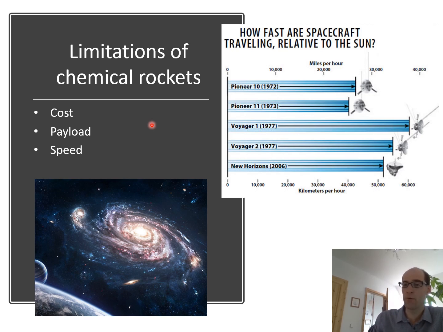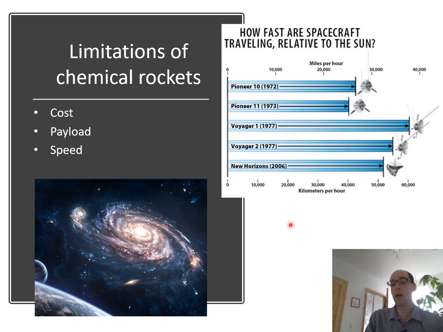Now, they're not slow in comparison to your Ford Escort, but they are slow in comparison to anything that we might wish to achieve if we ever wish to truly leave the clutches of the little green ball that we currently live on. On the right here, you can see the speeds of extra solar system probes. So Pioneer 10, 11, Voyager 1, Voyager 2, and New Horizons.